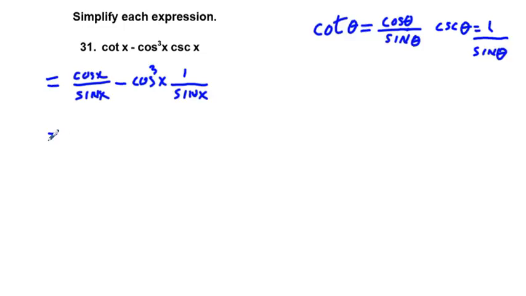Now, a common factor between these first two terms is cosine x. So we're going to factor out cosine x, and cosine x times what equals cosine x over sine x? Well, that's going to be 1 over sine x. And then we have minus, and cosine x times what equals cosine cubed x? Well, it's going to be cosine squared x, times 1 over sine x.